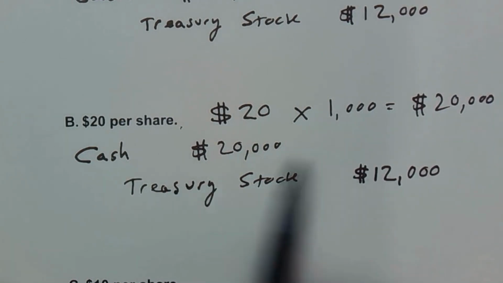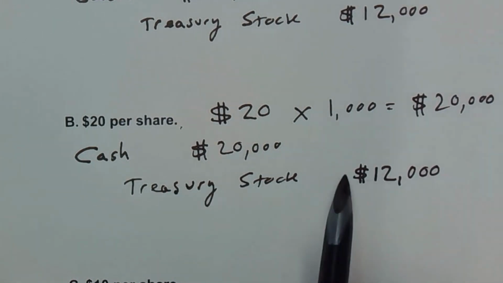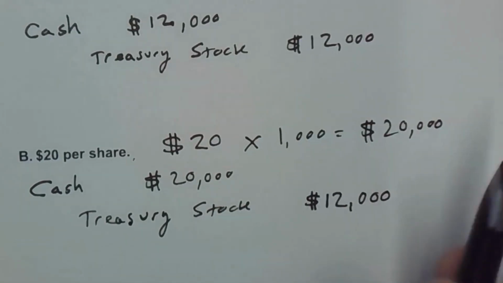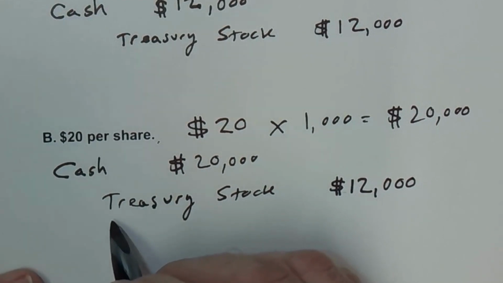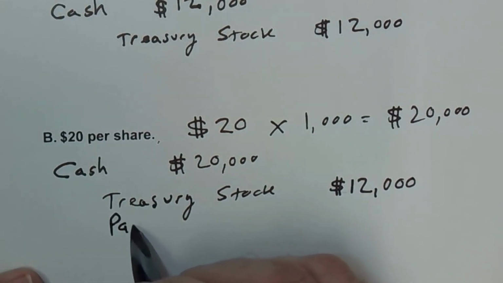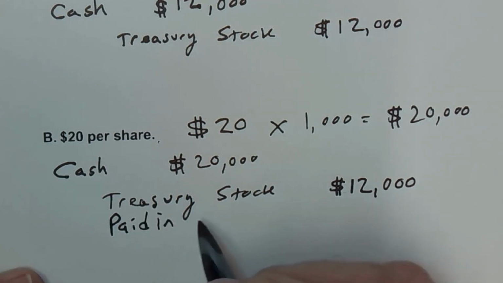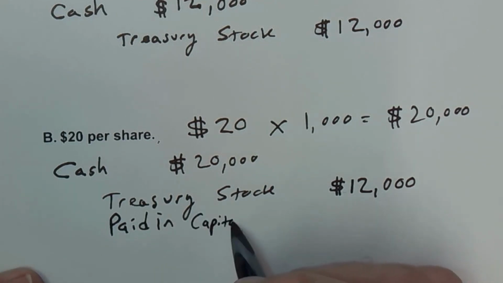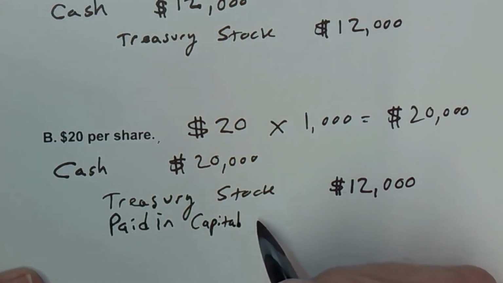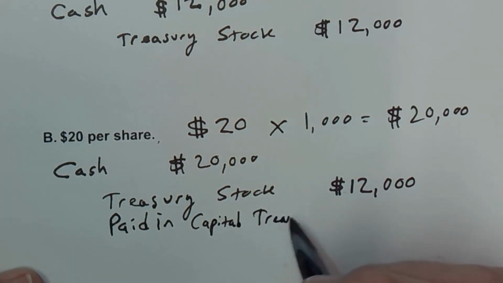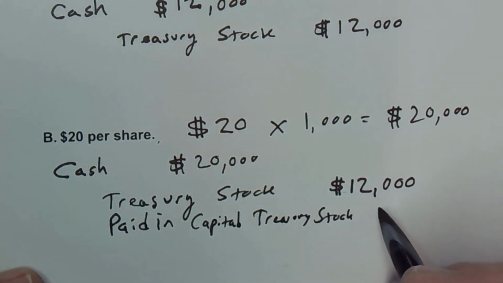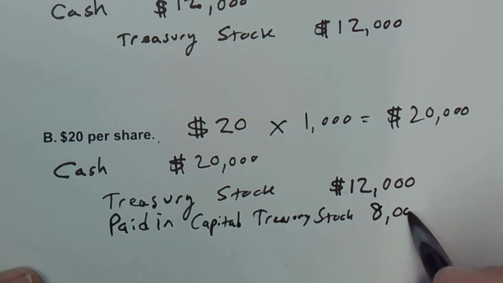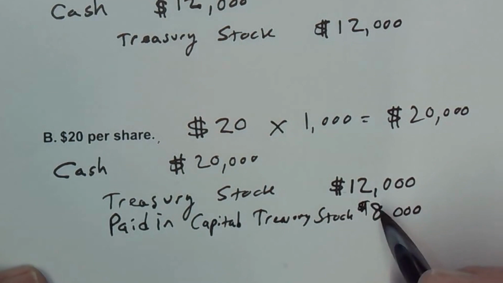We need to balance this out, though. We still have an $8,000 difference. Well, that is going to go to an account called, and this is going to be an owner's equity account called Paid in Capital Treasury Stock. And that is where we're going to credit that additional $8,000.